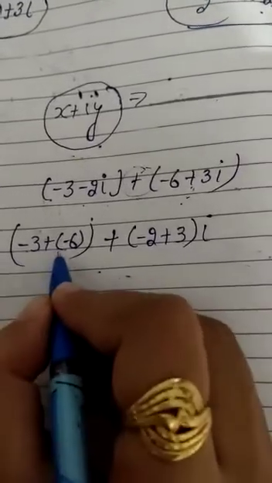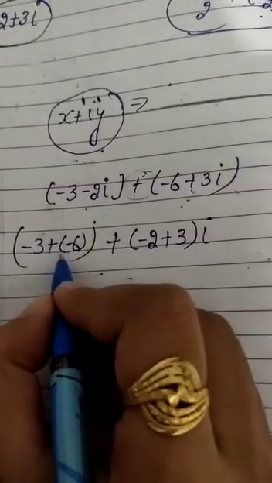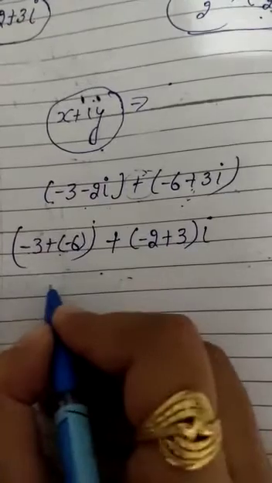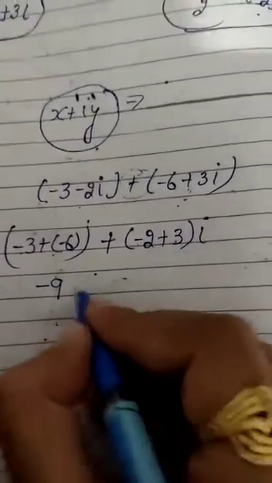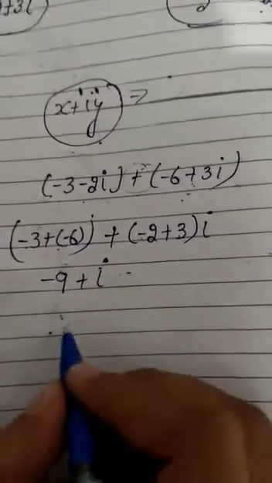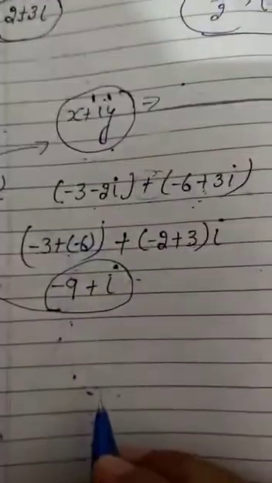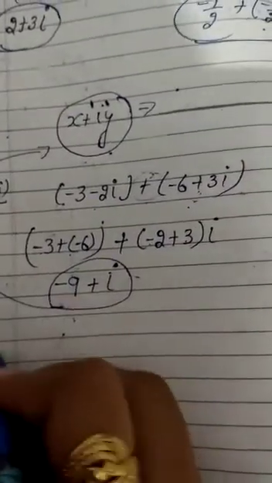So minus 3 minus 6 will be minus 9. Minus 2 plus 3 is 1, so it is minus 9 plus iota, and it is in the form of x plus iota y.